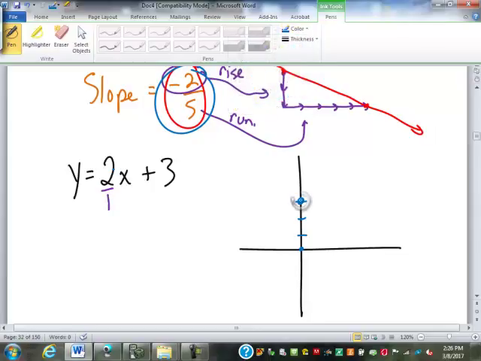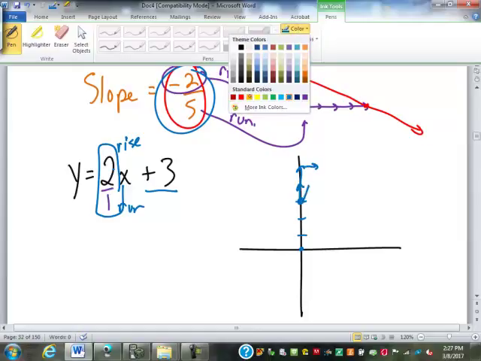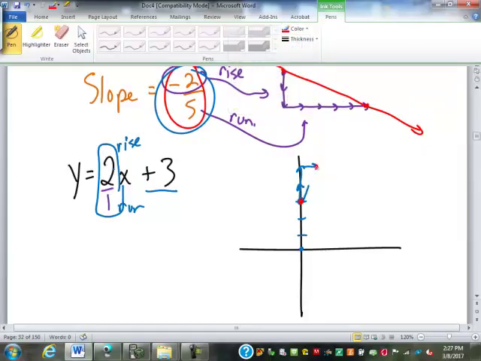From this starting point right here that we just plotted, that came from the positive 3. From that point, we're going to rise 2. So we're going to go up 1, 2, and we're going to run 1. So go over 1. So this was our starting point. That's our ending point. Our line goes through those 2 points.